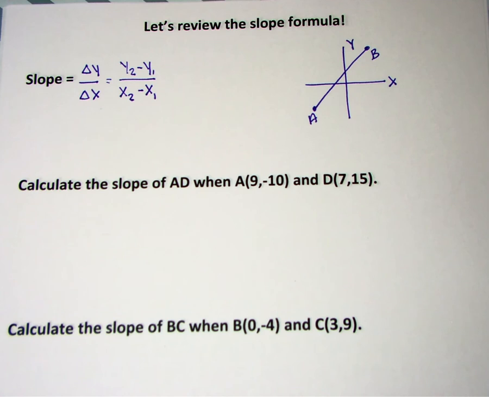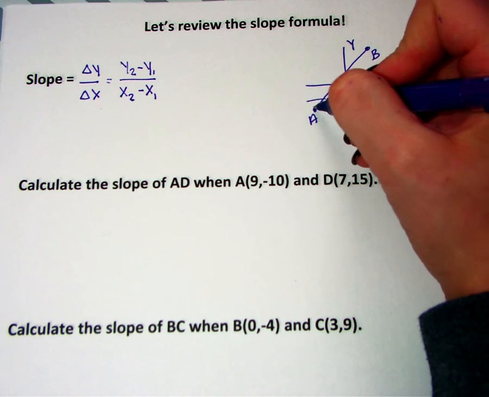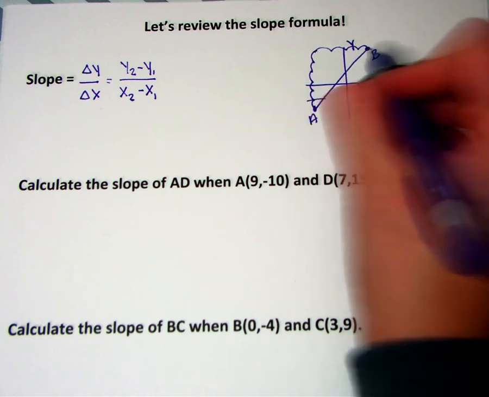When we're calculating slope, there are two different directions you can go. You can count. So if I want to count slope, what I would do if this is on a graph is I would count my boxes until I got to B. I would count up and to the right.